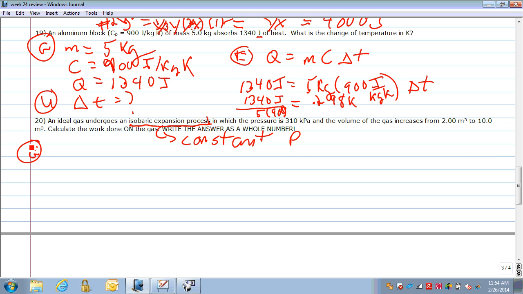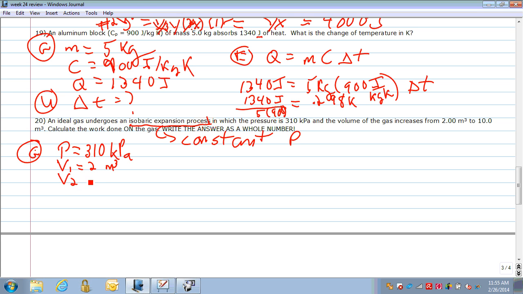So our givens are that we have a gas with a pressure of 310 kilopascals. I know that term doesn't mean much to you, but it really doesn't matter at this point in time. It has an initial volume, capital V, of 2 cubic meters.